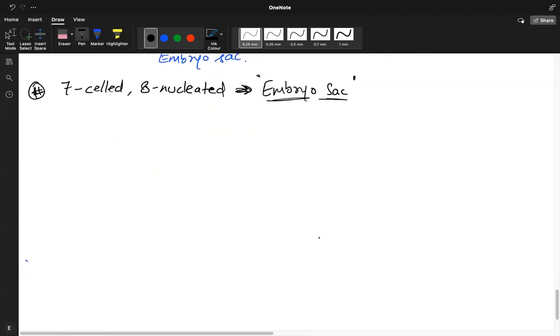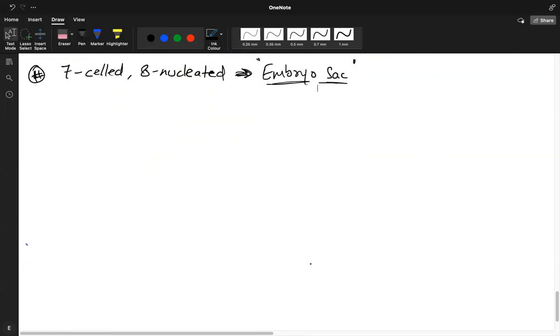Now, how does one single cell reach this structure, which is a 7-celled, 8-nucleated structure? Basically, all these 7 cells come from that single megaspore cell from the tetrad that is selected to be developed into an embryo sac.